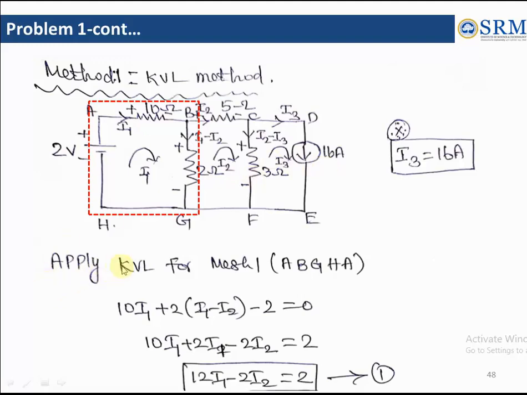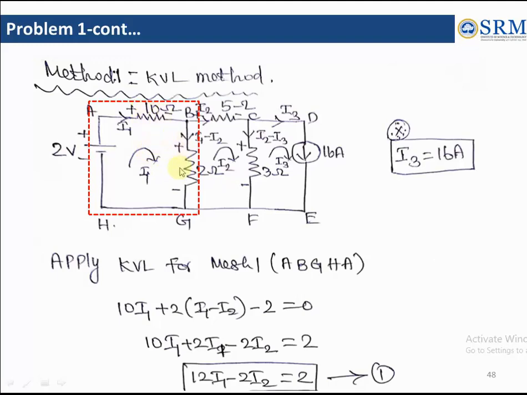So we are going to consider only 2 meshes, I1 and I2. For the first mesh, if you apply the KVL, the sum of the voltage drops equals the sum of the voltage rises, or the algebraic sum of voltages across the mesh is 0.